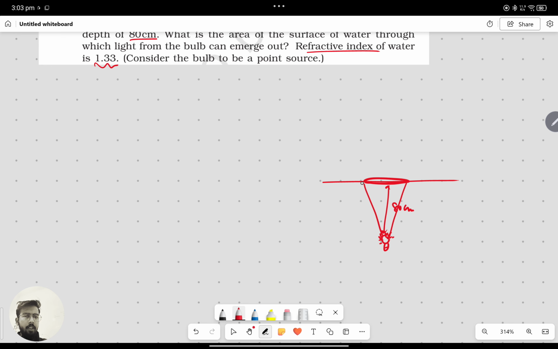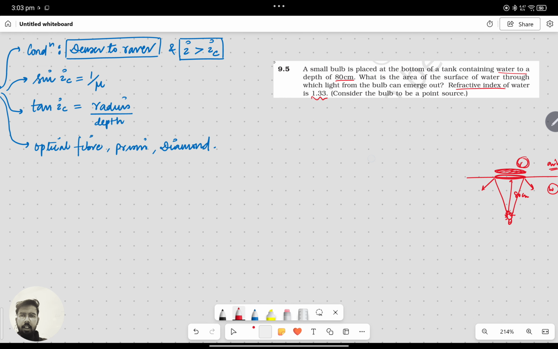After the critical angle, the ray will bounce back inside the water and not go into the air, because of the refraction that is happening there. So that is the concept here, and you have to find the area of this glowing circle of radius r. Simple. So this is the idea in the question given.